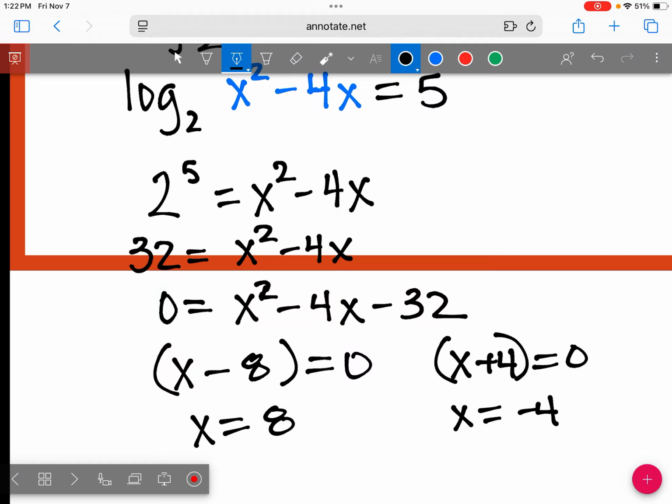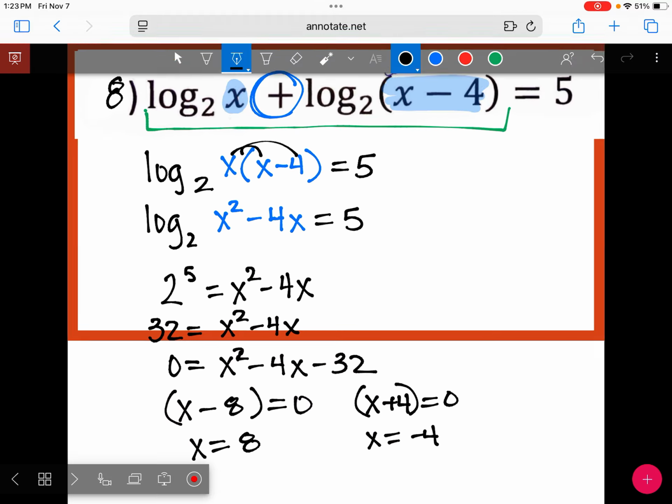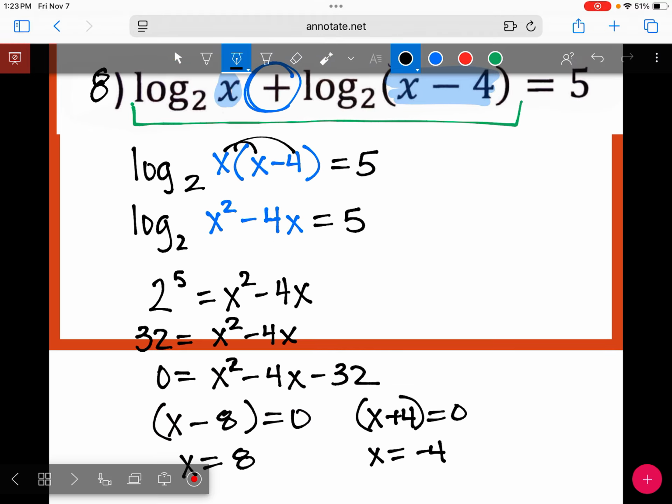But we need to make sure we can use them both. So when I take 8, which is my first answer, if I take the 8 and I put it right here and here, are they going to be positive? Both of these, so we already know that's positive. What about 8 minus 4? Is that positive? So we can keep the 8.